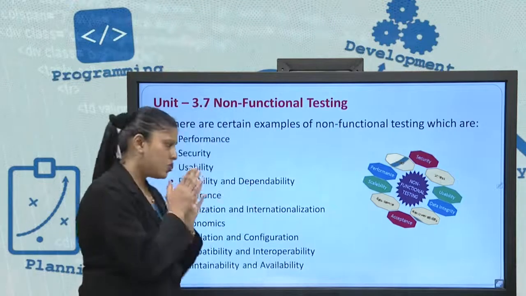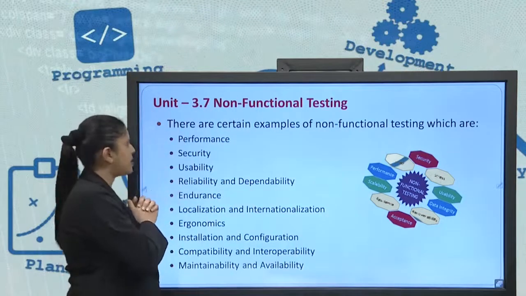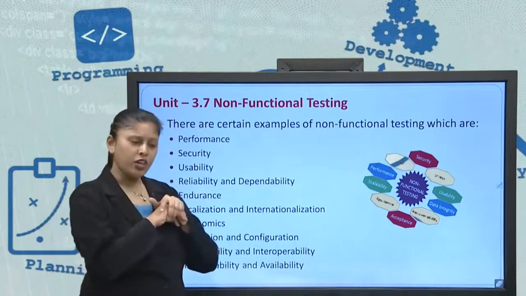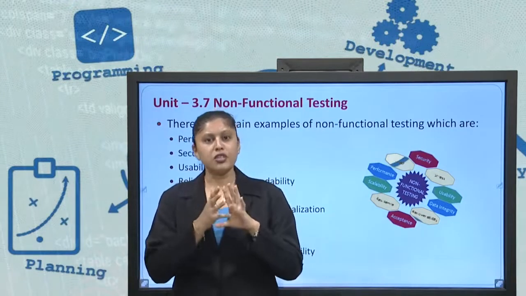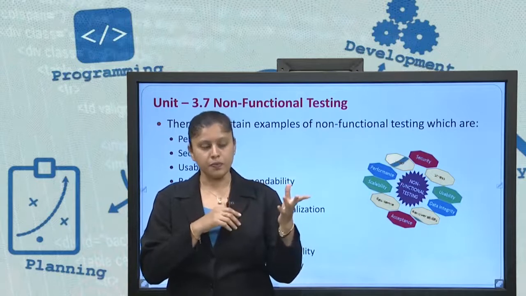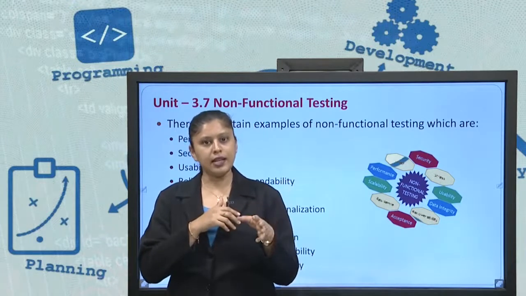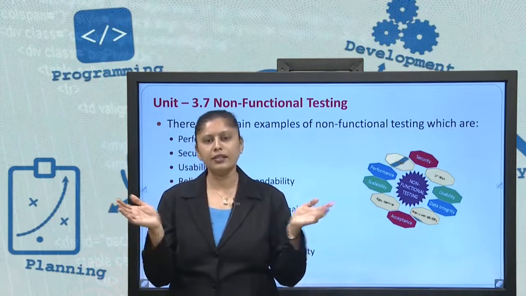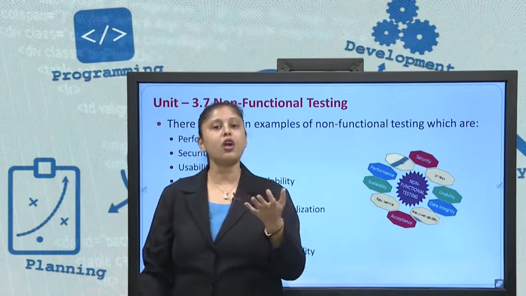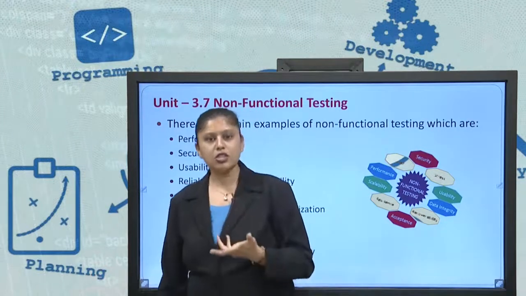To check that performance, we have performance testing. Then we have security. Whatever product I am developing, I should be sure it is secured enough for my end users. If my end users are feeding some data into it, and if that data is thrown out on the internet to everybody, then that shows that my particular product is not secured. So we check on the security.